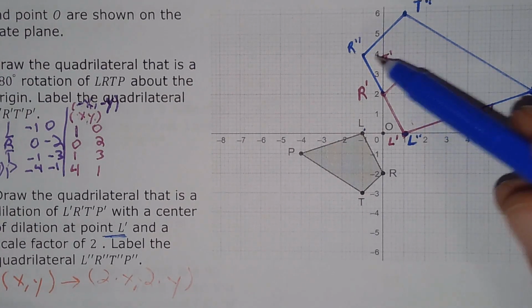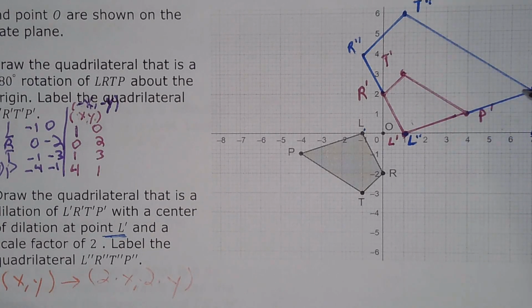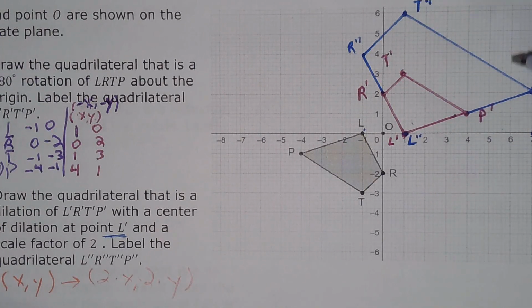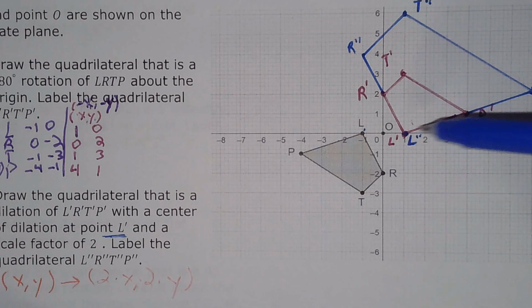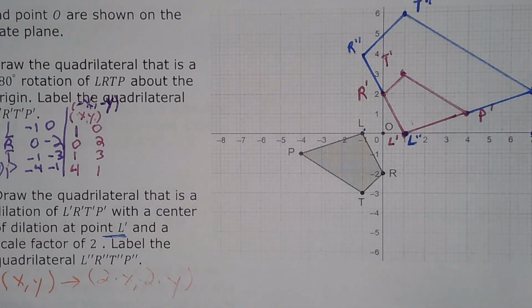And you can see here that if I were to mark this and that, they all meet at my point L, right? And if I do a ratio of the length of this to the length of that, it's 2. Length of this to the length of that, it's 2. So the point of dilation being L.